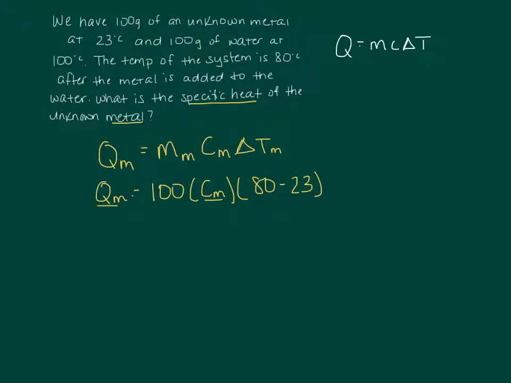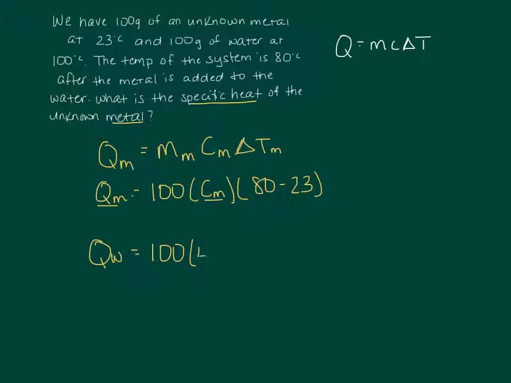Well, I still haven't used any of my water equations or any of my water variables and numbers, so let's see how far we get by using that part of the problem. So let's plug it in for my Qw, the w just denoting that this equation deals with all of my information for my water. My mass of my water is 100 grams.